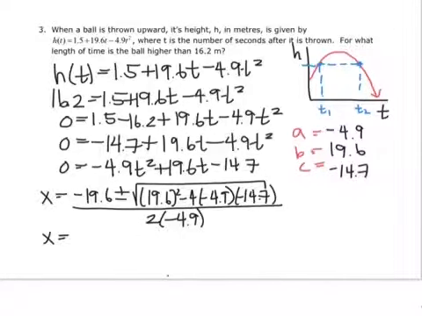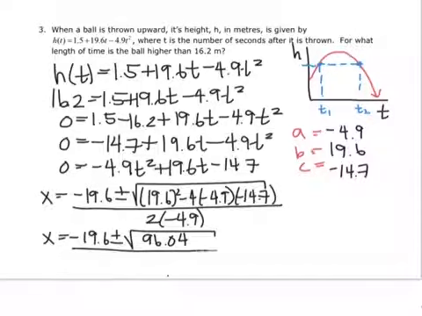So our x will equal negative 19.6 plus or minus. Make sure to simplify whatever is in that square root. And that's going to be 96.04, all over 9.8.